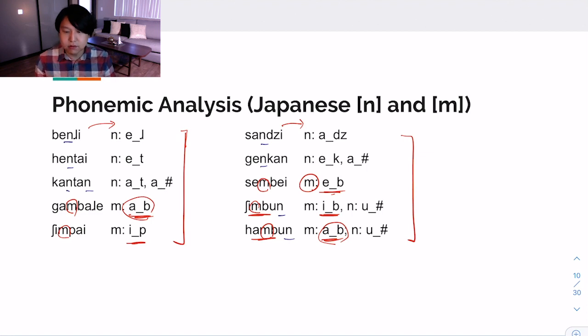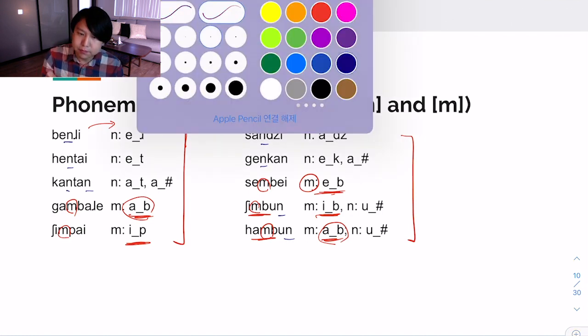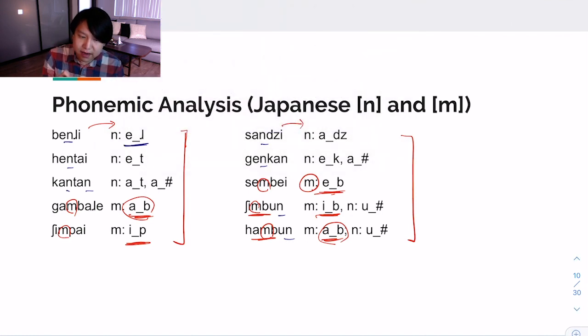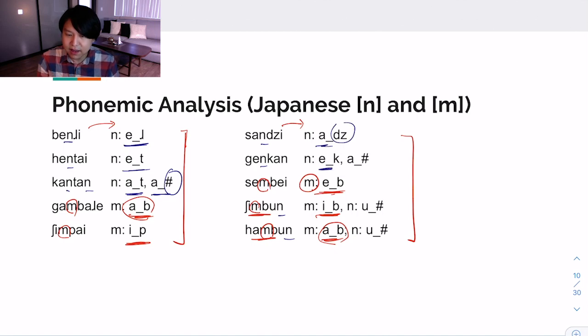It's the same environment, between a and ba. So there are 4 different environments we found where M can exist in Japanese. And also for N, between e and ra, and e and ta, a and ta, a and word final position, a and za, e and ka, a and word final position, u and word final position, and the same environment over here.